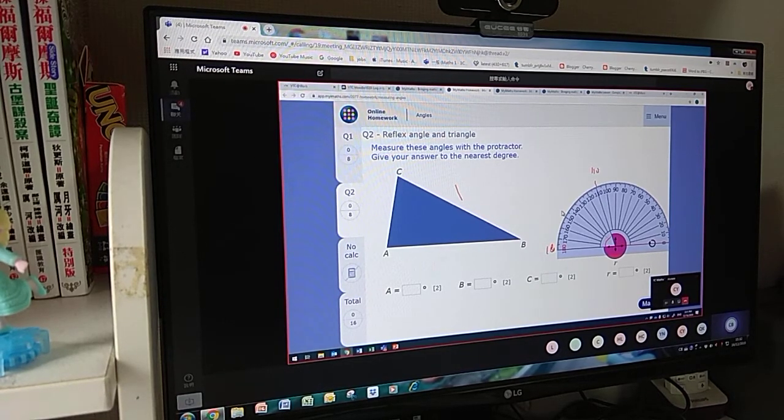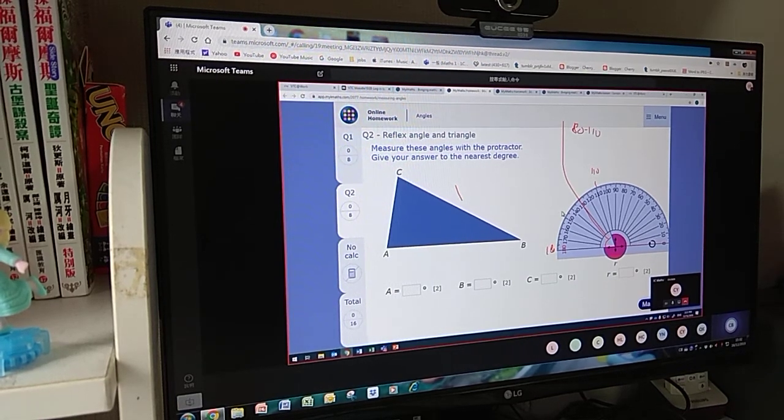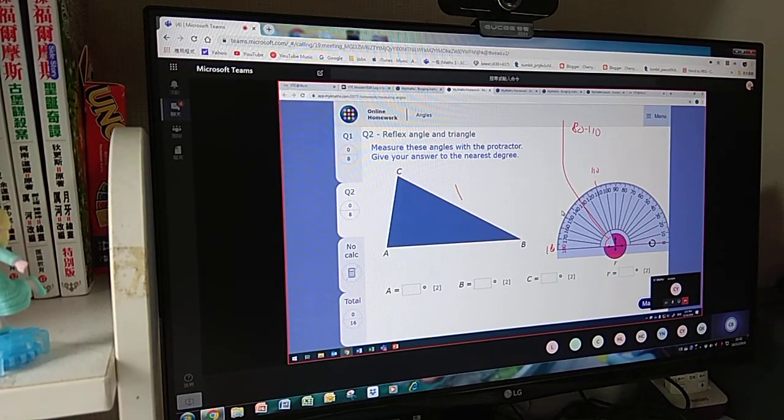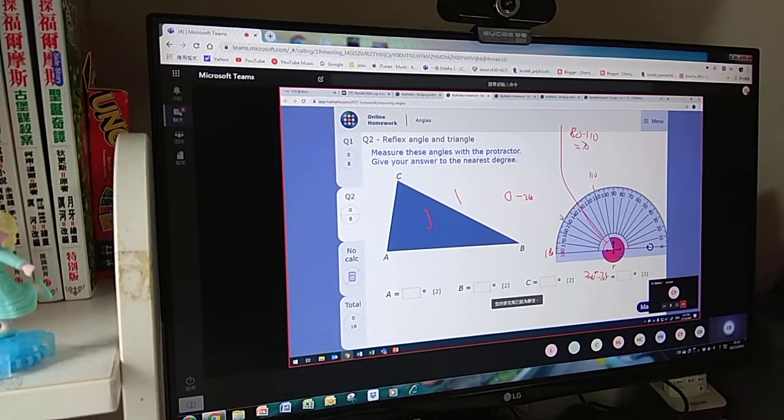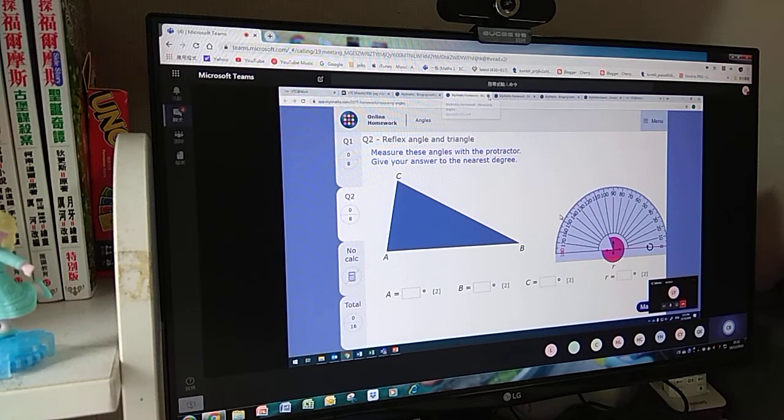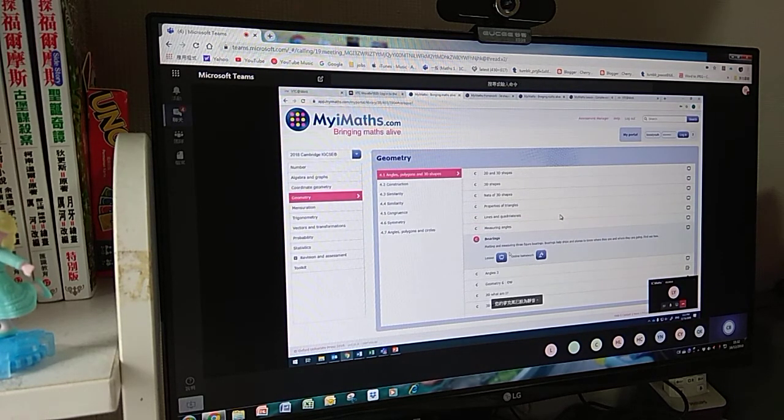So this angle will be equal to 180 minus 110, so it should be 70 degrees. As one circle has 360 degrees, this one should be 360 minus 70. So if you have no more questions, then I will move on to this one, bearing.